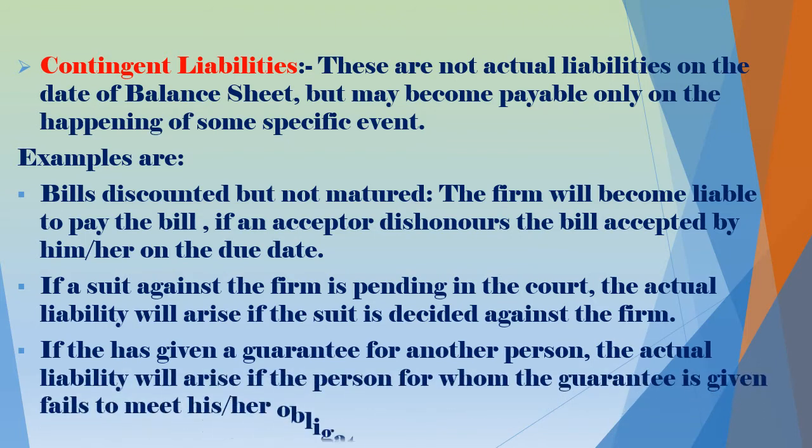If the firm has given a guarantee for another person, the actual liability will arise if the person for whom the guarantee is given fails to meet his or her obligation. So here the word firm is not written.